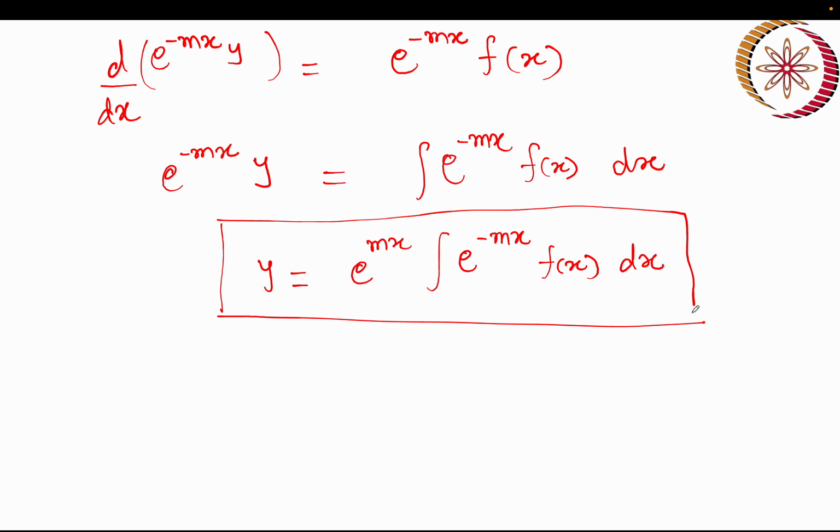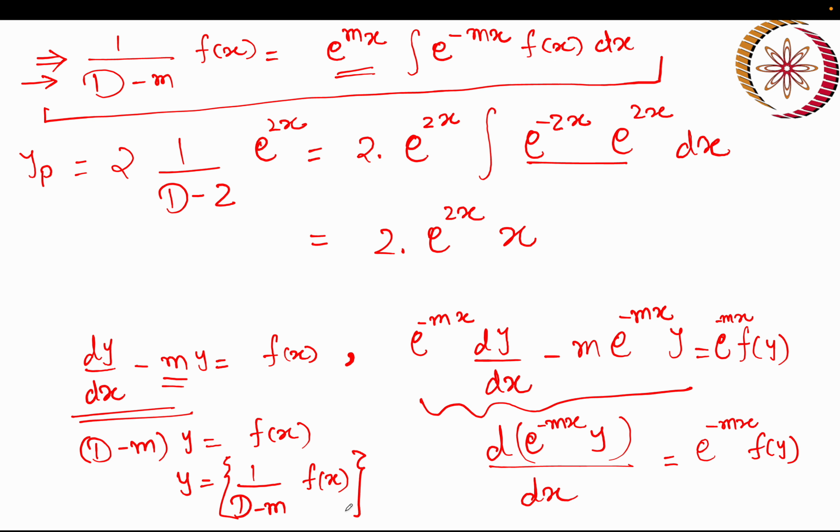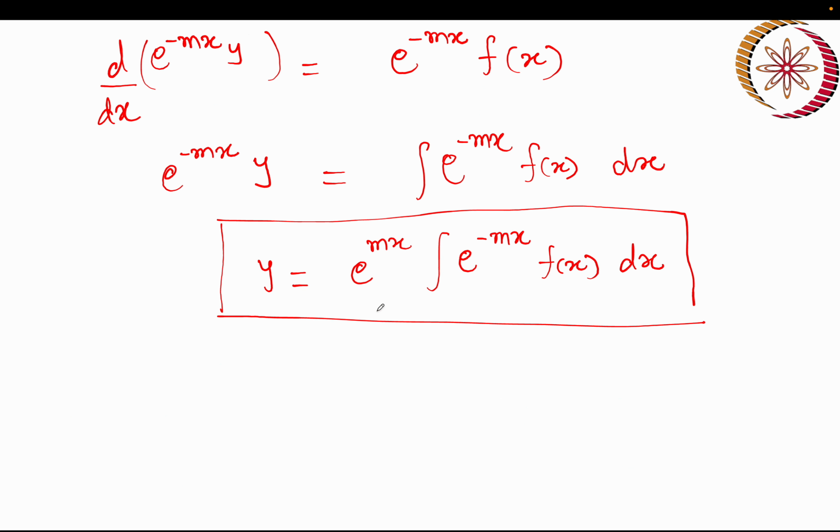If you go back and see this equation, what we have is (d minus m) y equals f of x, and so y is equal to 1 upon (d minus m) f of x. So this whole thing is nothing but 1 upon d minus m f of x.